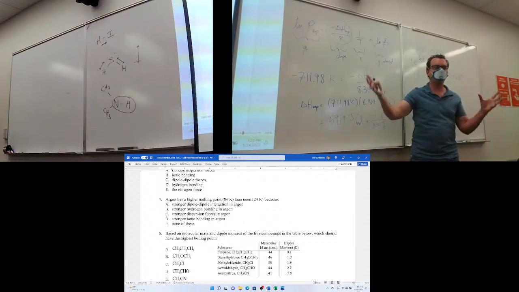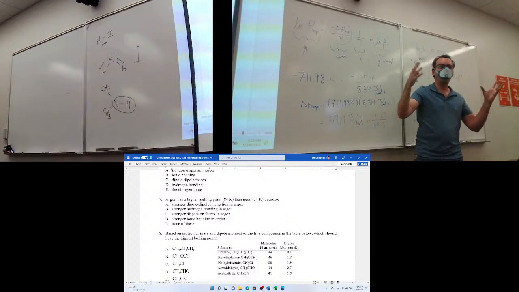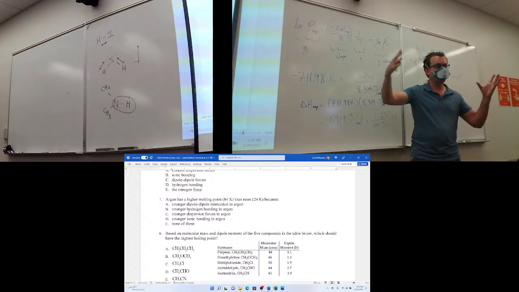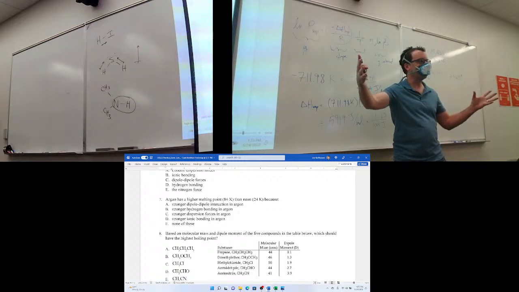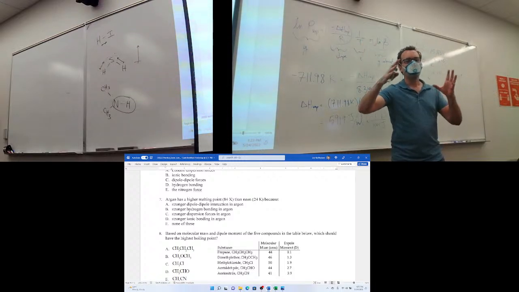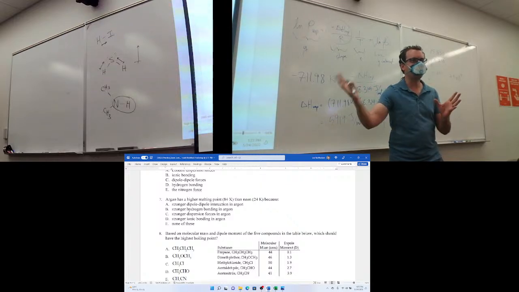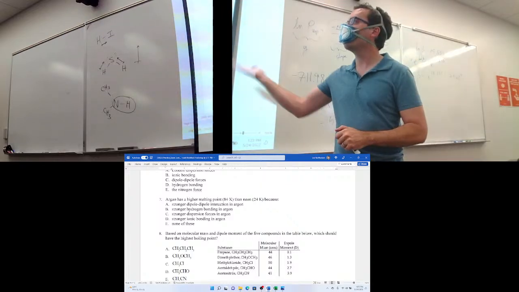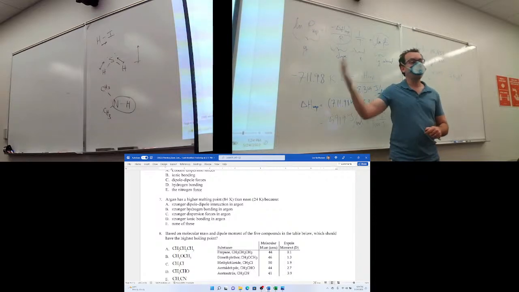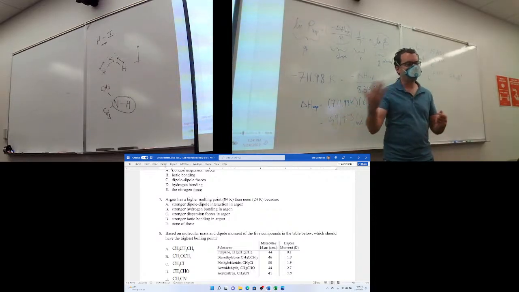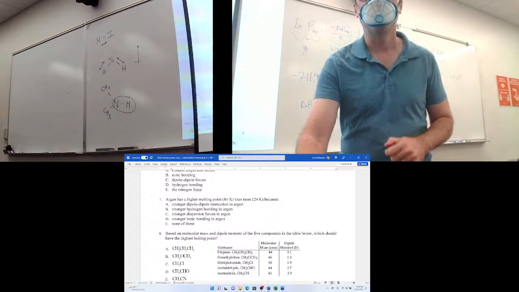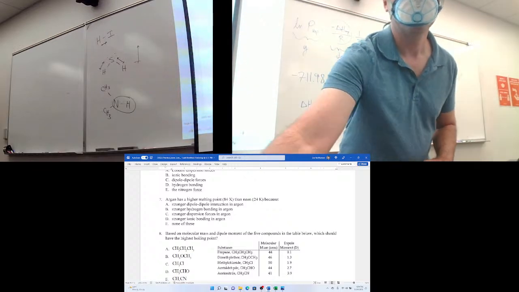The outer electrons in argon are further away from the nucleus, in shell 3. They're more loosely held, meaning more easily distorted, so they do stronger dispersion forces for that reason. Molar mass correlates with that, so that's why we look at molar mass. So C is the answer anyway.